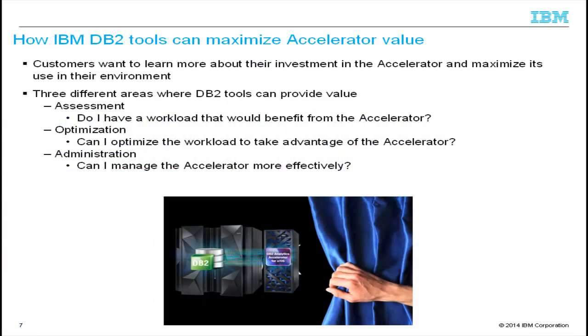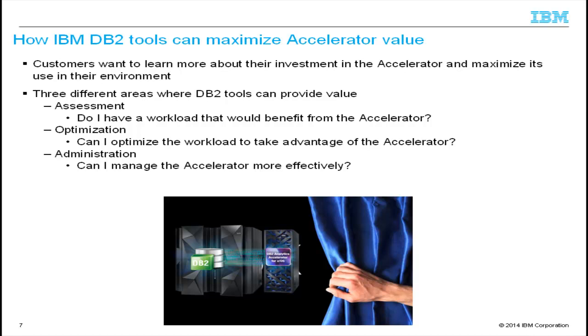Now, how are the IBM DB2 tools expanding the accelerator value? All of our customers have experienced the immediate benefits of the Analytics Accelerator, but now they want to know more. They want to know what they can further do to maximize its value in such areas as utilization and optimization. For example, many customers have already added additional accelerator capacity, but now there are different areas in which the tools can provide even more value.